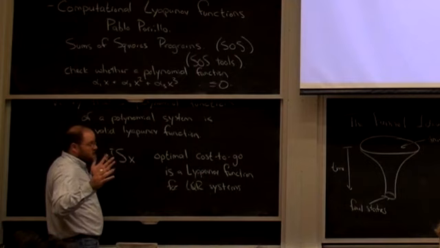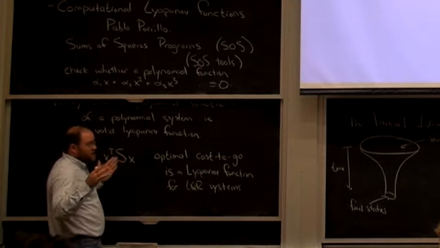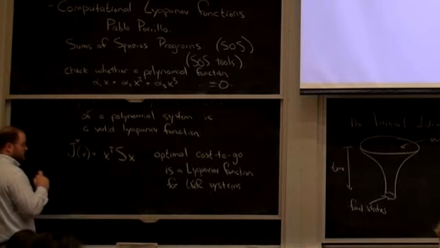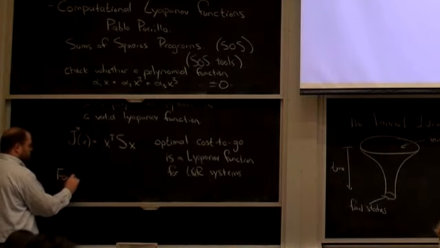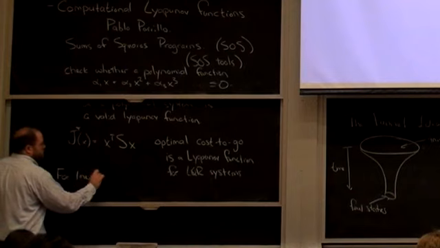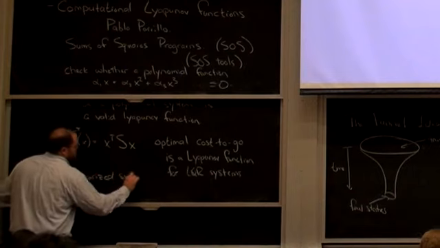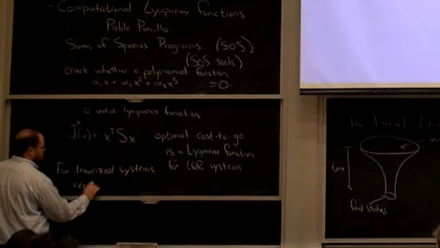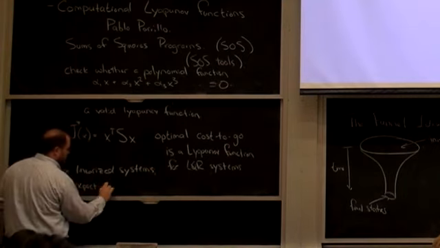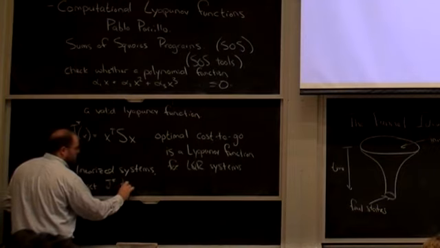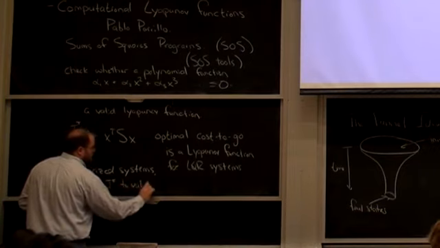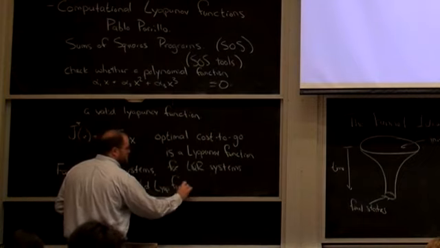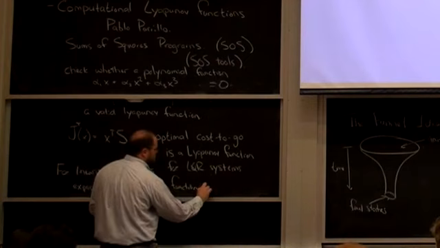It's always going to descend for any initial conditions for the linear system. But when I've linearized the system, I expect J star to be a valid Lyapunov function near the linearization.